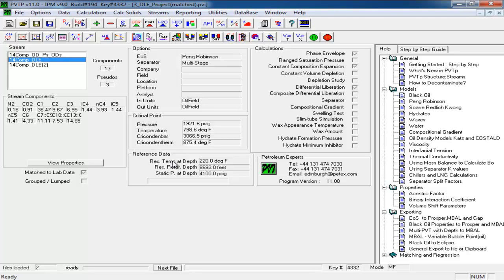It's not the GRS which we use in our calculation. This value needs to be fixed. So we also have Bo, and this is also differential. It also needs to be fixed. And we match oil density and oil viscosity.